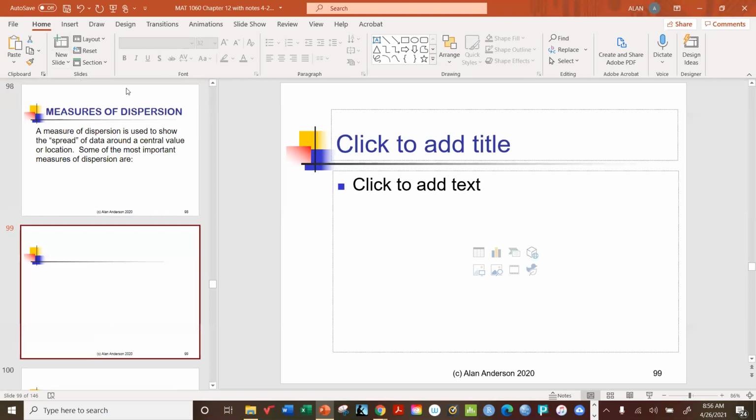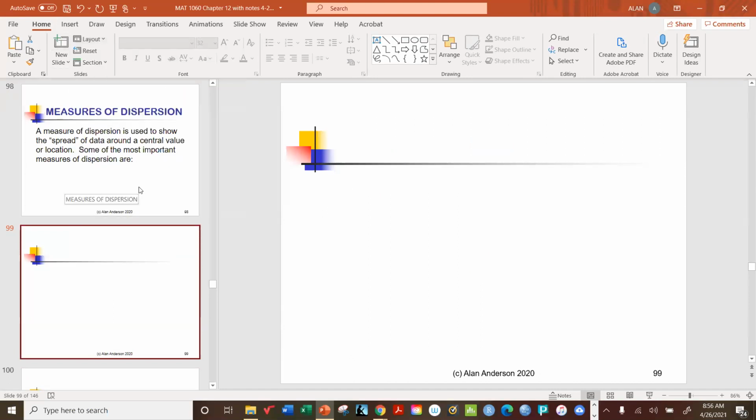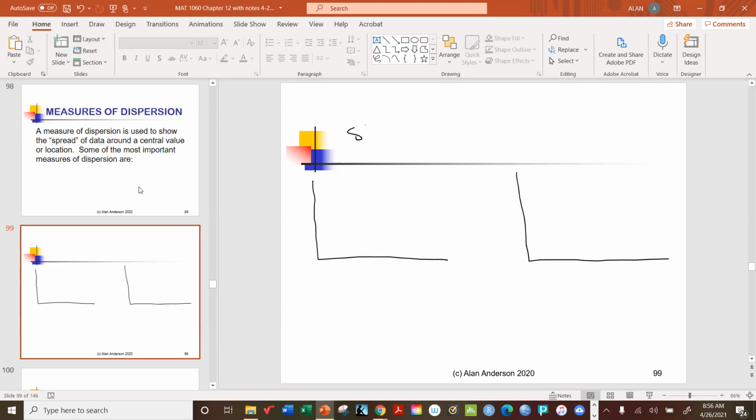Let's just say that these are two stocks that I might buy. Stock A and stock B. And let's say that the center represents 5%.